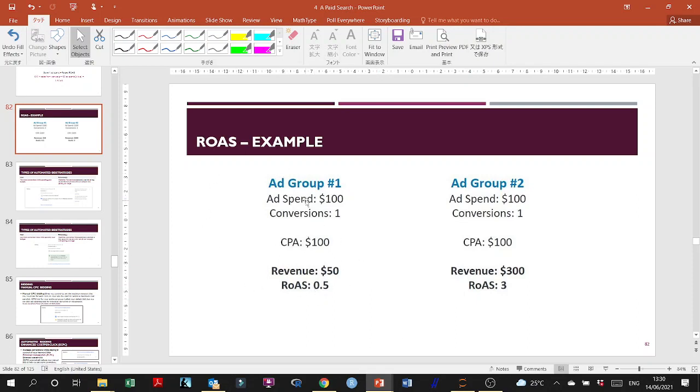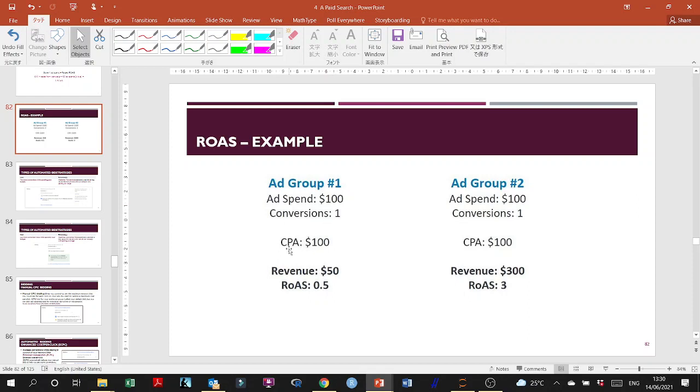This means that the ad spend shouldn't be the same. To get the same return on ad spend, you need to lower the ad spend. It's very obvious that this is a horrible strategy because the revenue is 50. Do you see that? The revenue is 50, and then the ad spend is 100.